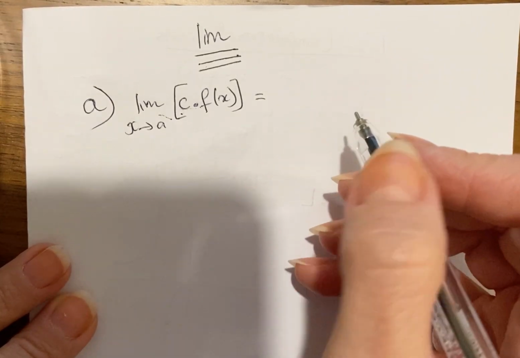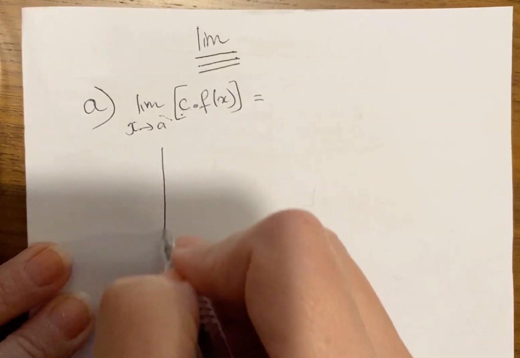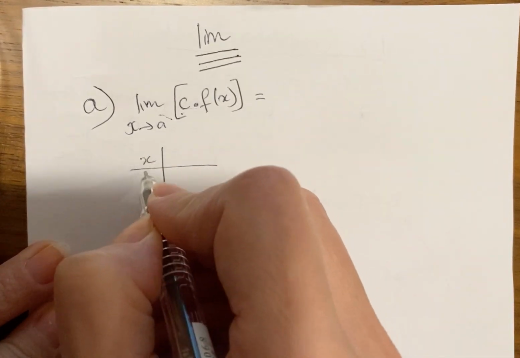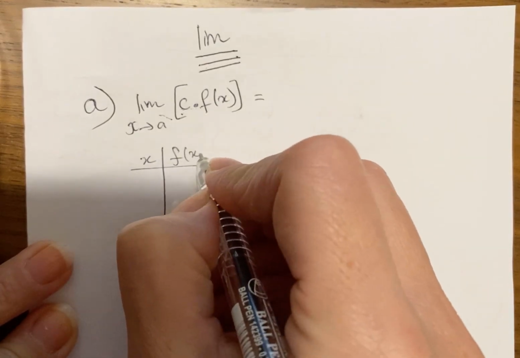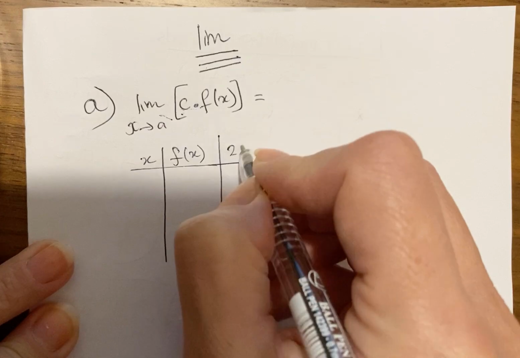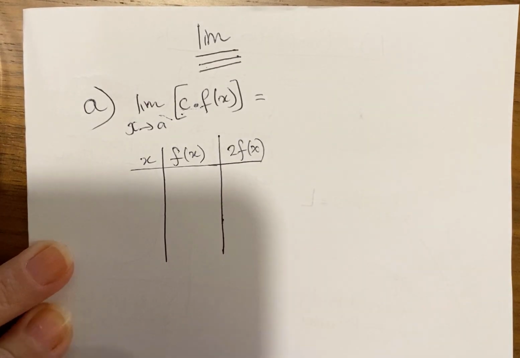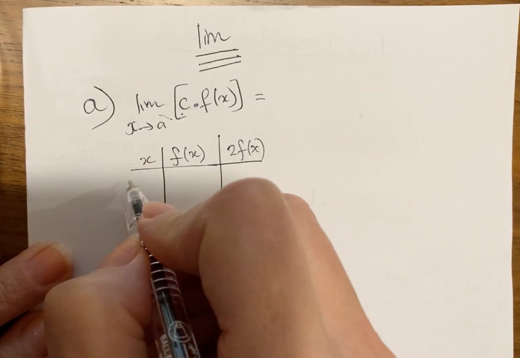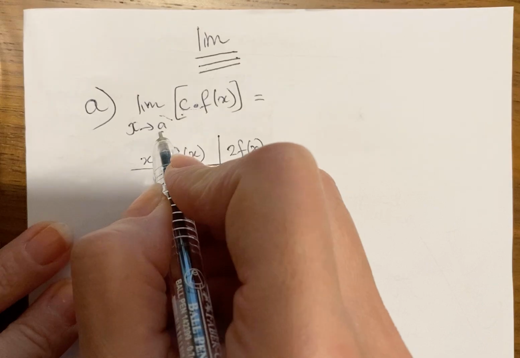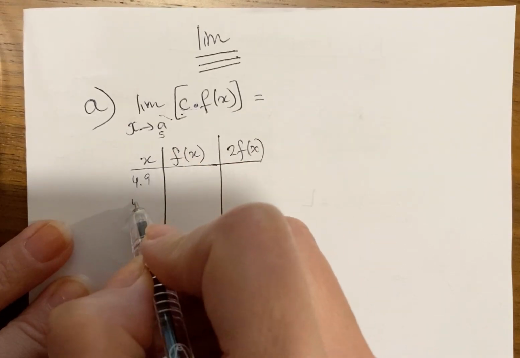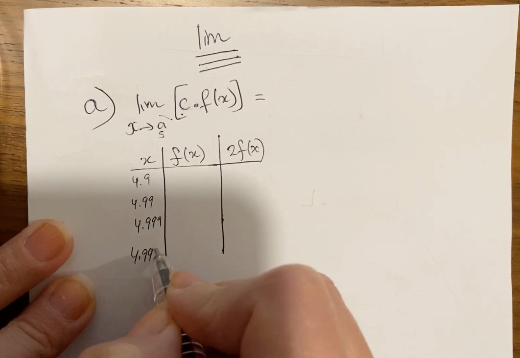Over here, if x is approaching a, and I take f of x on its own, then I take 2f of x, what will happen to the result? Let's suppose a is 5. I'll take 4.9, 4.99, 4.999, and so on.